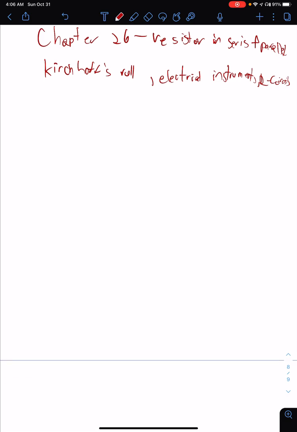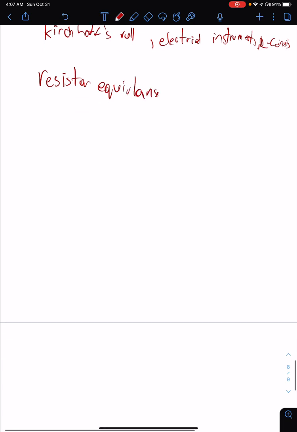Yes. So for resistors, we're going to have to figure out the resistor equivalence in our massive fun circuits.